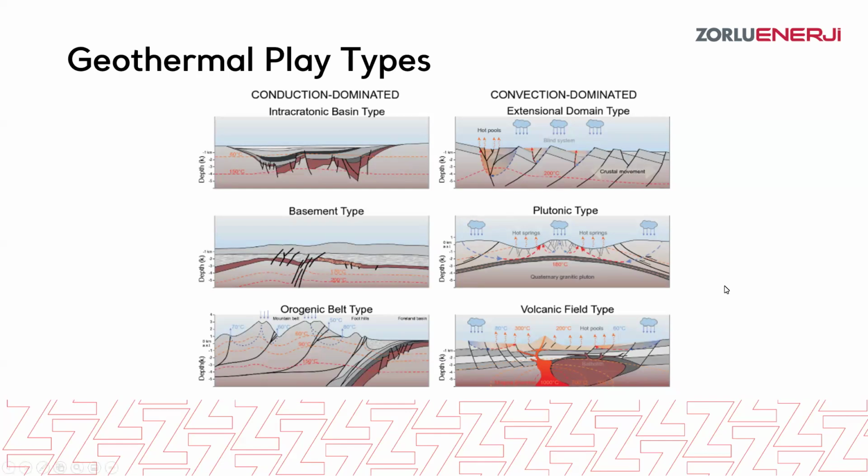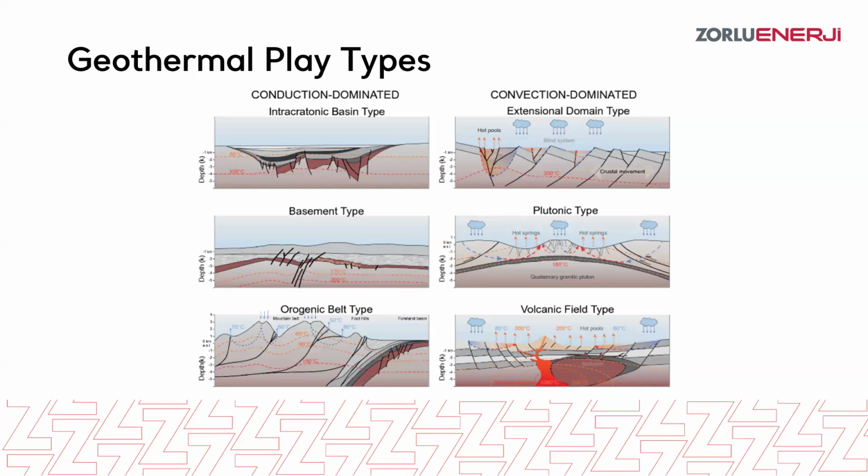some advantageous conditions from the naturally occurring structures. And we have three main types here. The first one is the extensional domain type.